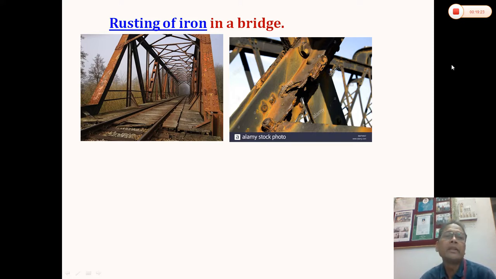When the rainy season starts, when there is the first rain, the water falling from the atmosphere combines with these NO2 and SO2 gases and produces some acids, and when these acids fall on iron bridges or iron utensils, they react with iron and corrosion will start that destroys the bridges or utensils.